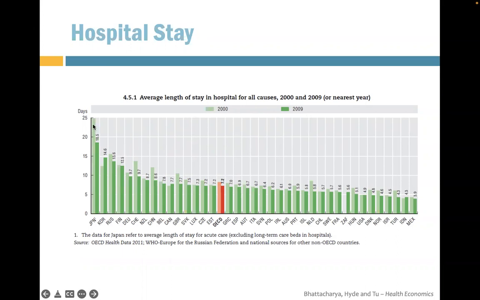We can see that in 2000, an average patient stayed for 25 days. But in 2009, an average patient stays for 18.5 days. The red bar here is an average of OECD countries. These are mostly developed countries. So we can still see a clear improvement from 2000 to 2009.